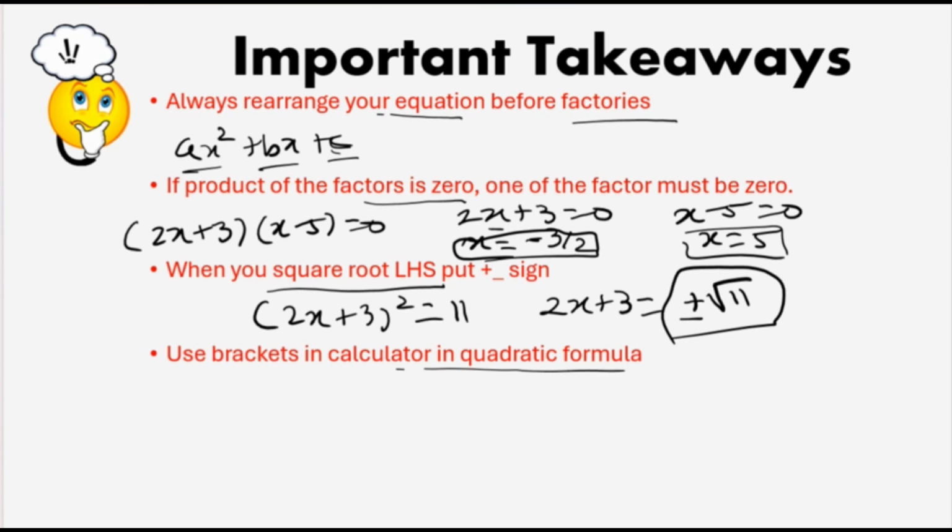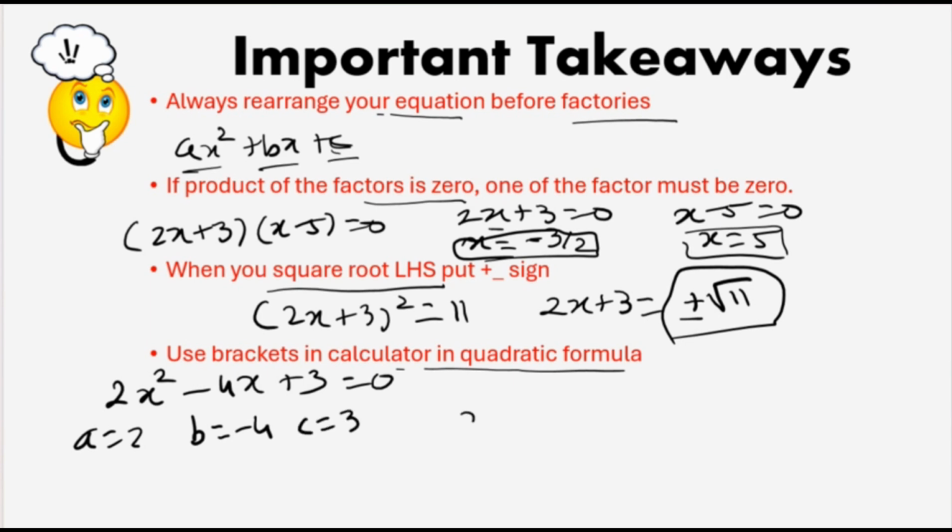Use brackets in the calculator with the quadratic formula. For example, I have the quadratic expression 2x squared minus 4x plus 3. If I want to set it equal to 0 and find the roots, my a is equal to 2, b is equal to minus 4, c is equal to 3.